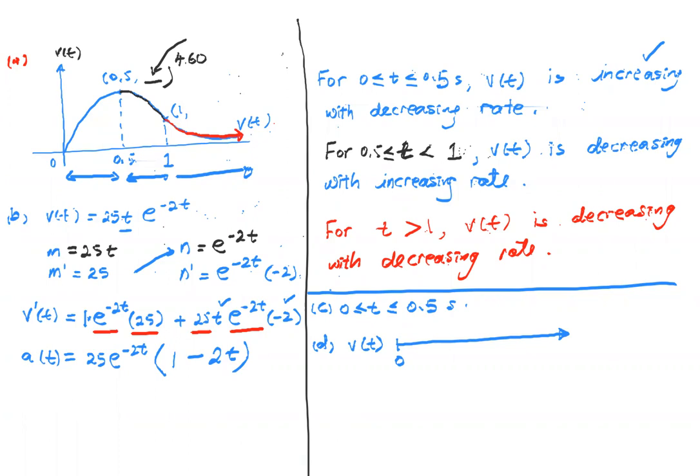No. The whole velocity-time graph is above the x-axis, so the velocity is always positive. That means the object is always moving to the right.